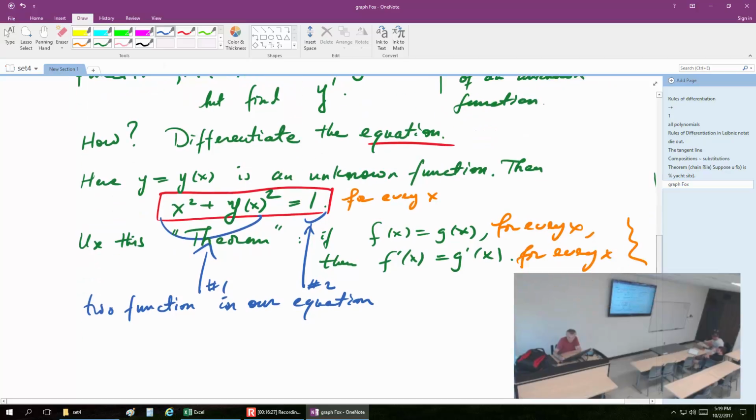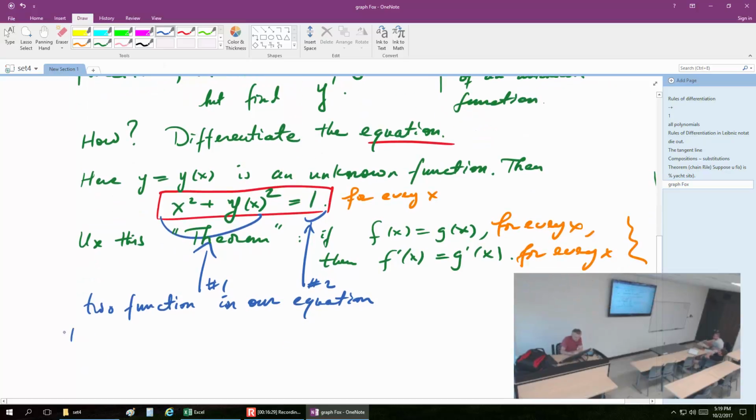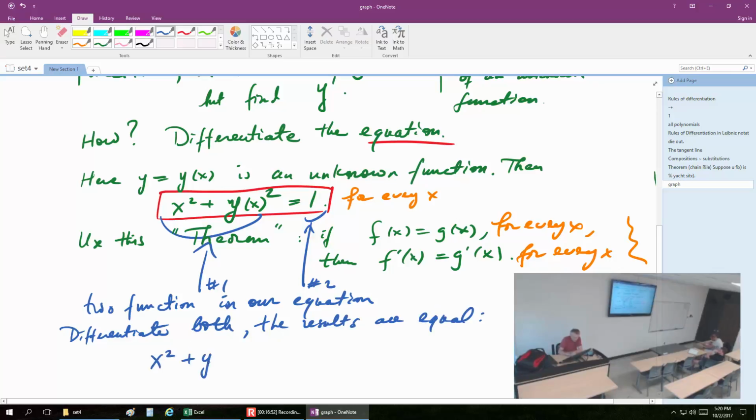So let's try. Differentiate both, and they are equal. The results are equal. Let me make it clear. So (x squared plus y of x) prime is equal to 1 prime.